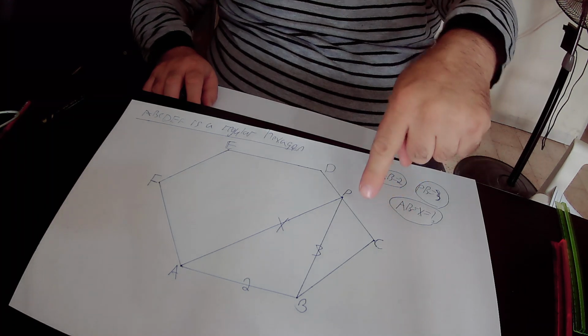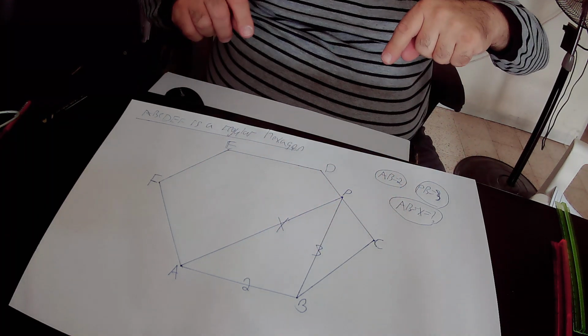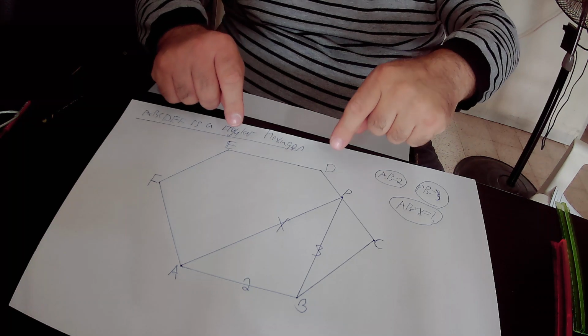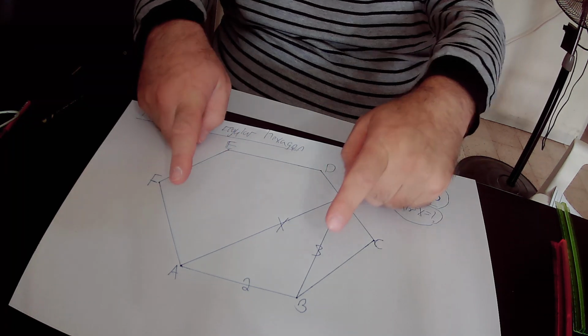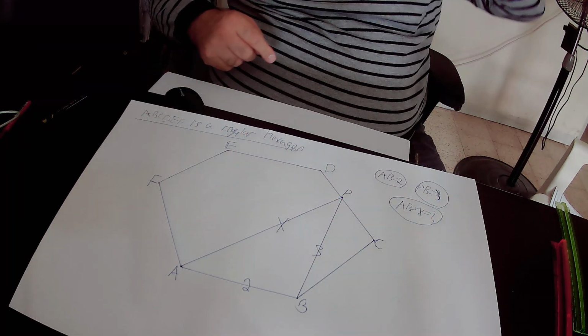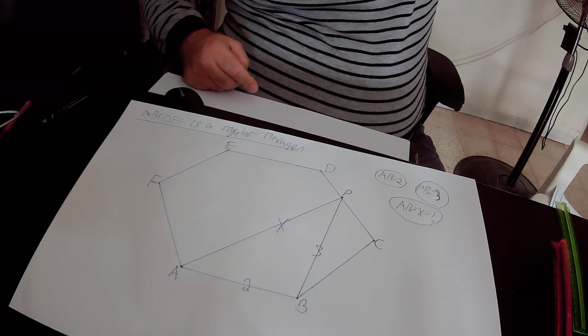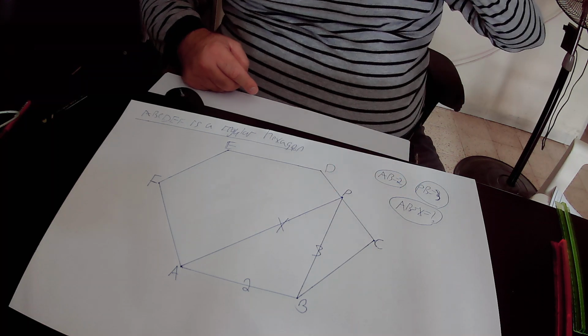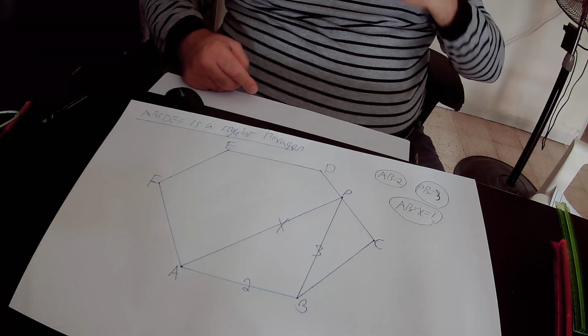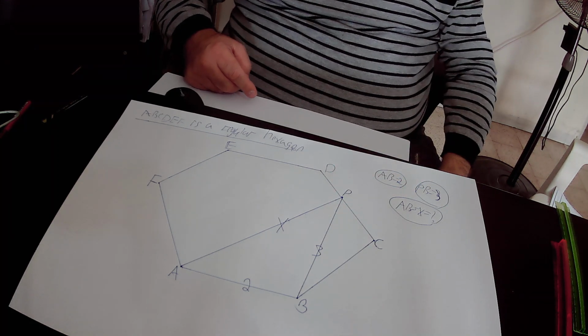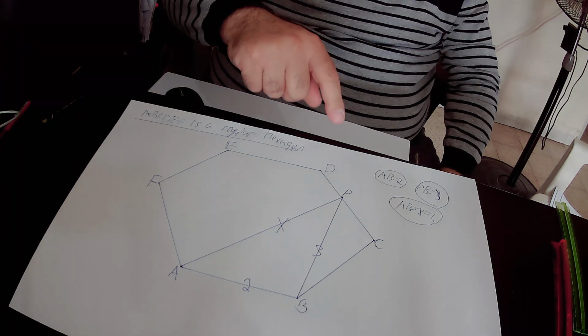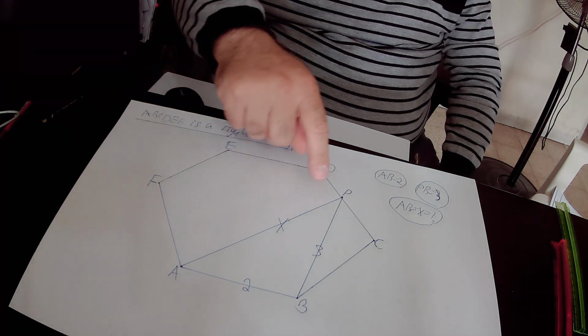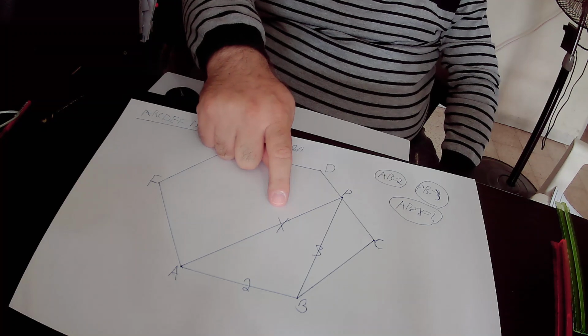All those sides are equal to each other and all the interior angles are also equal to each other. In addition, we also know that line segment PB equals 3 units in its length. And our mission is to find out the length of side PA that is equal to X.